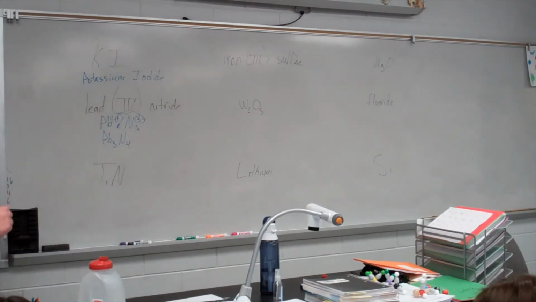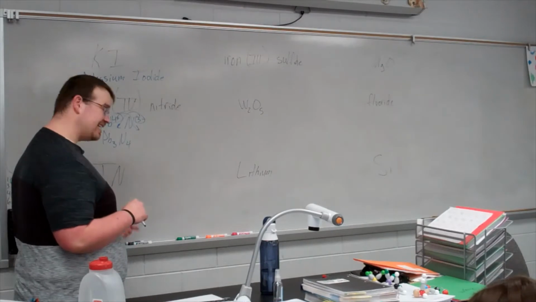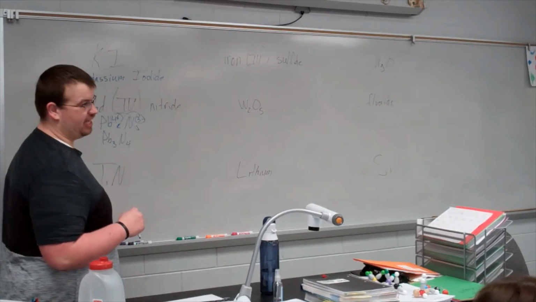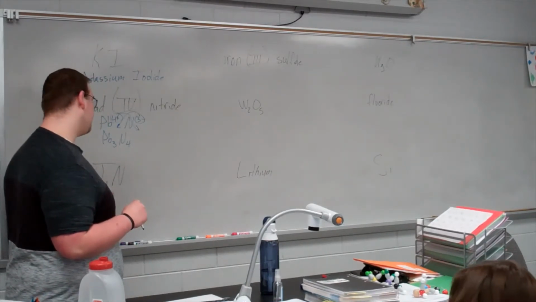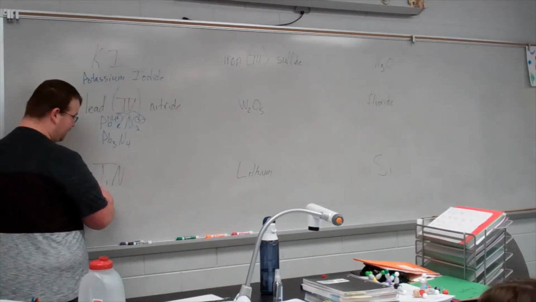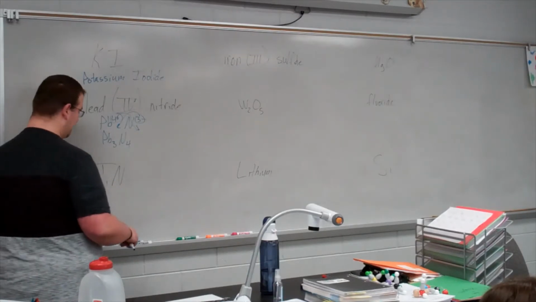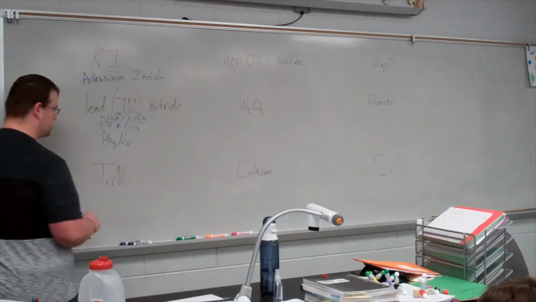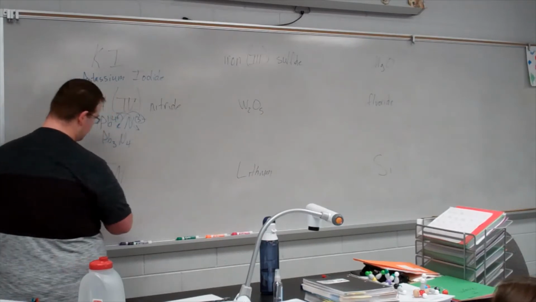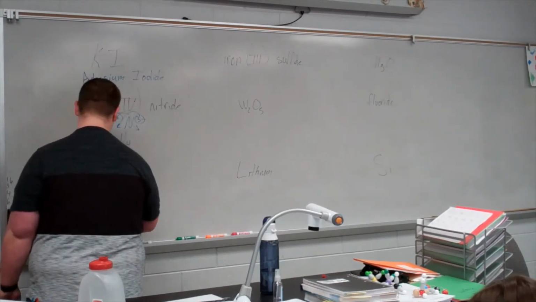Then we have what many of you have probably looked at and said 10. This is not 10, this is titanium and nitrogen. The reason I know is a capital letter and a lowercase letter and then a capital letter. It's TiN. So, what's the charge here? 3. Titanium's a D-block element, so you gotta name it based off Stock.